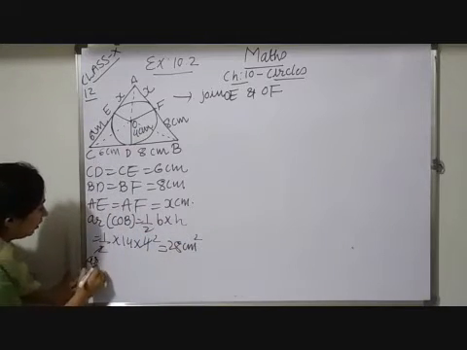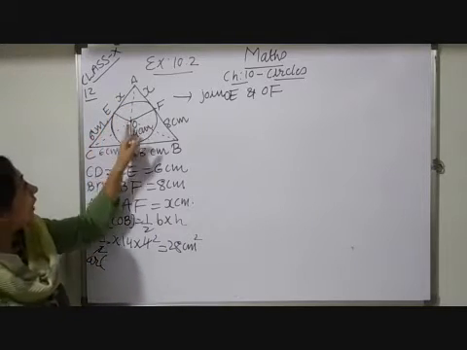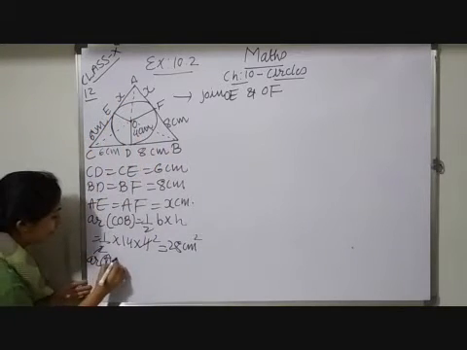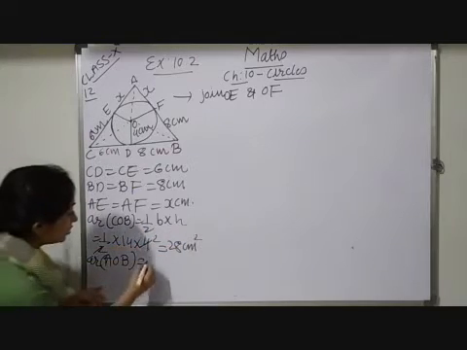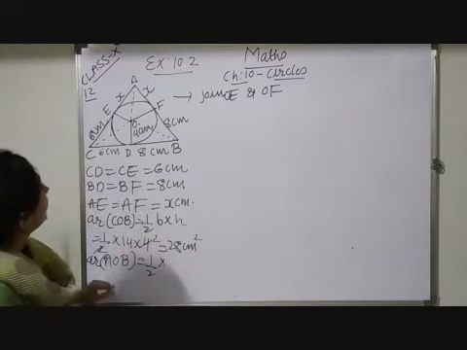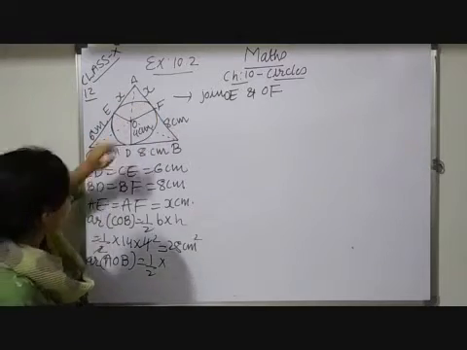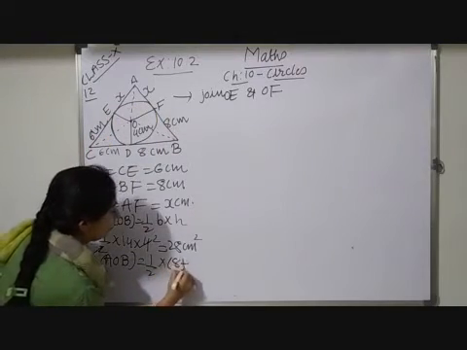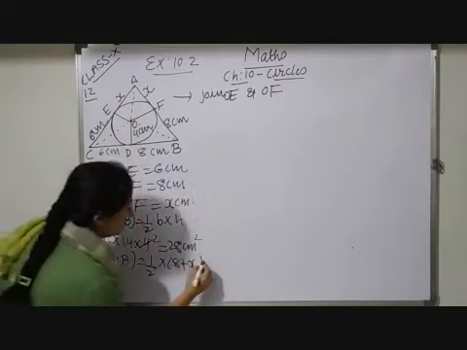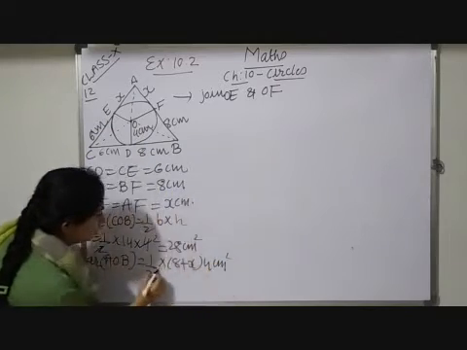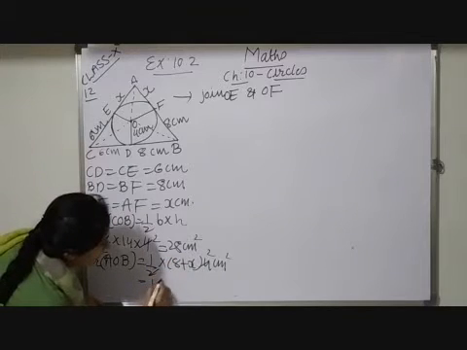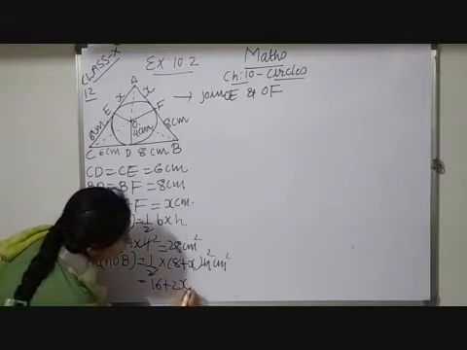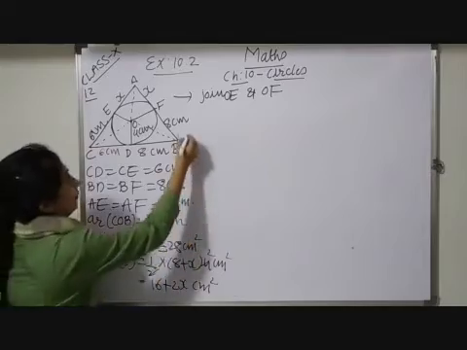Similarly, area of triangle AOB. So here AOB, same formula I will apply, half base into height. So half base will be 8 plus x and height is 4. So 2 2s are 4. So I can write, if I multiply this 2 inside, I will get 16 plus 2x centimeter square.